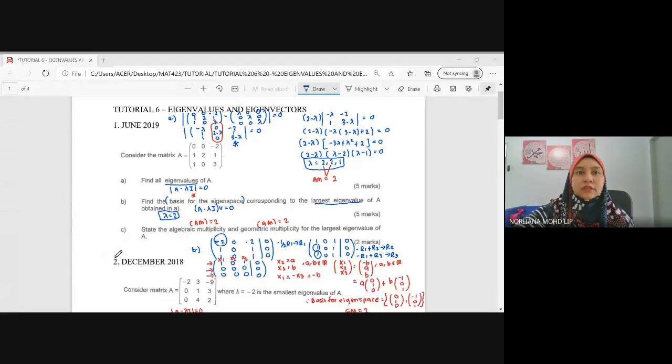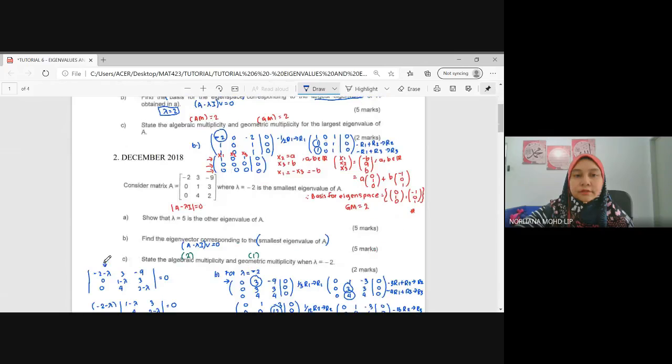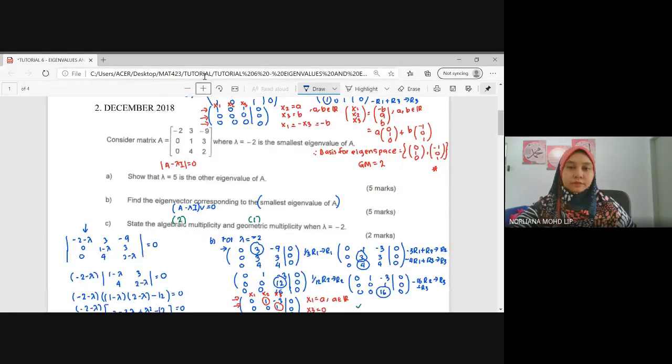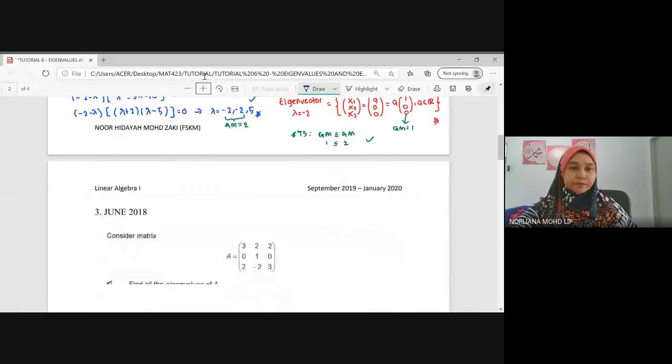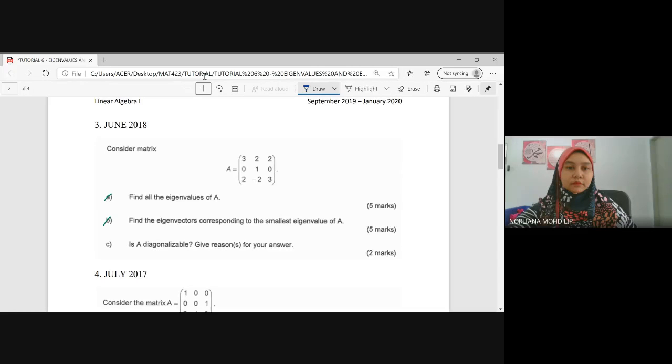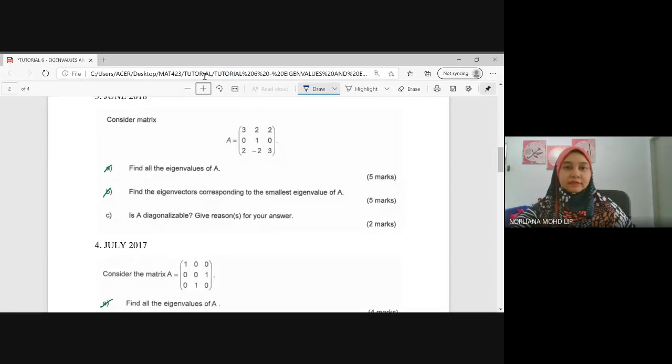Okay, look at tutorial 6. Okay, so dah habis lah untuk diagonalization tu. Okay, kita tengok contoh. Okay, ni tak ada diagonalization. Okay, yang ni ada.